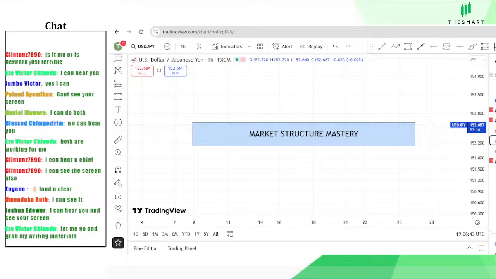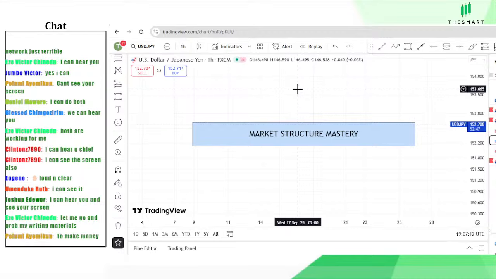What we have here is called TradingView. What you see on my screen is called TradingView. And what do we use TradingView for? TradingView is a trading platform you use for your technical analysis.